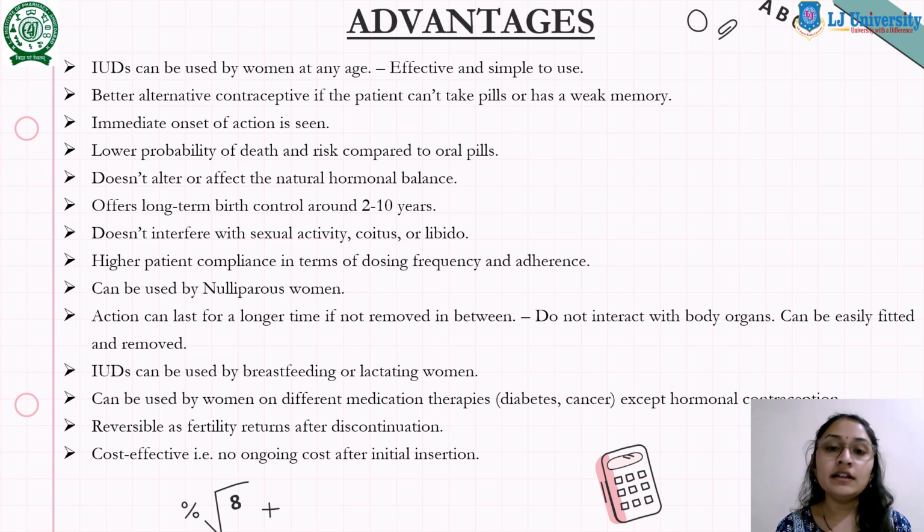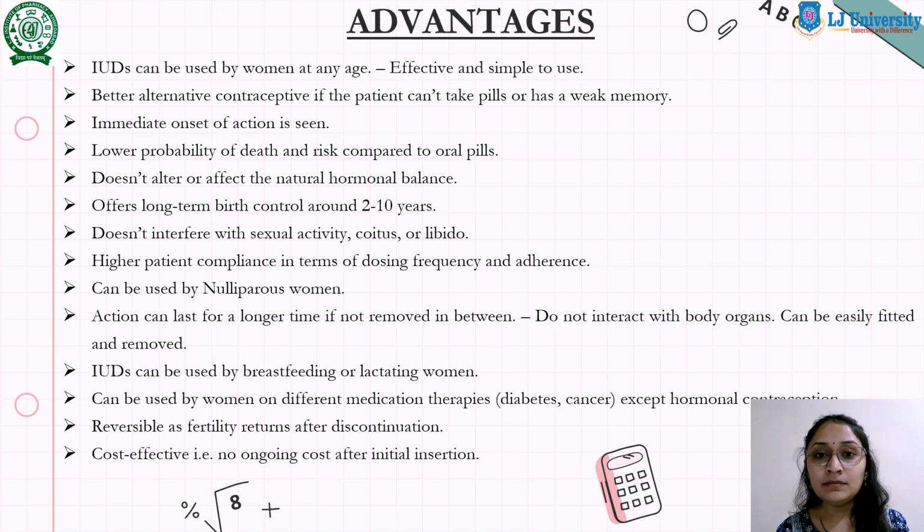But in comparison, what is the advantage? Once the intrauterine device is administered, the patient's motivation is not required at all. This is the most important advantage of using an intrauterine device. It also has an immediate onset of action and fewer side effects compared to oral contraceptive pills.